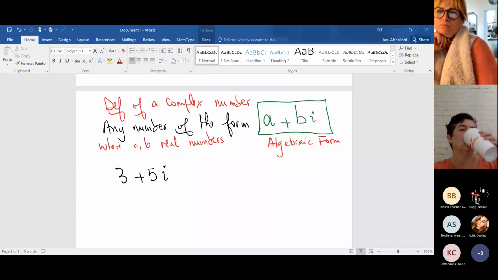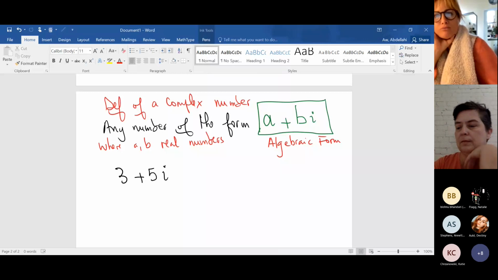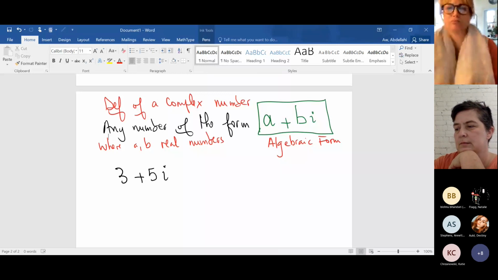So can we write this one any simpler than 3 plus 5i? Can we simplify it, do you think? No. The algebra rule doesn't allow you because 3 and 5i are not like terms, so you cannot put them together. So 3 plus 5i is exactly the final form.